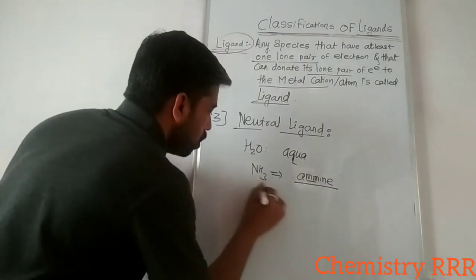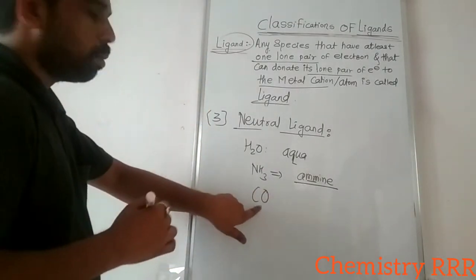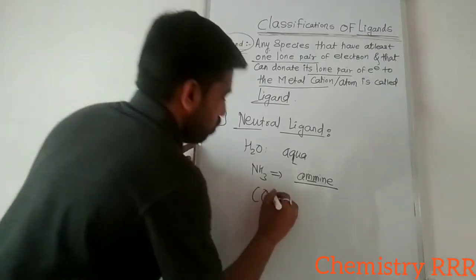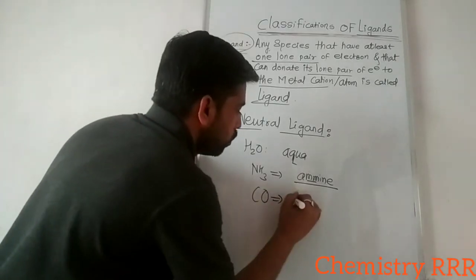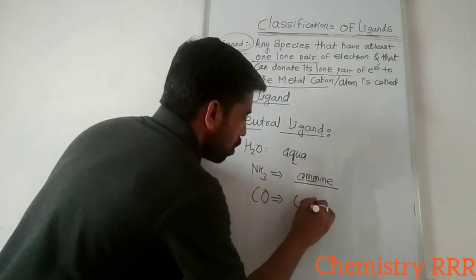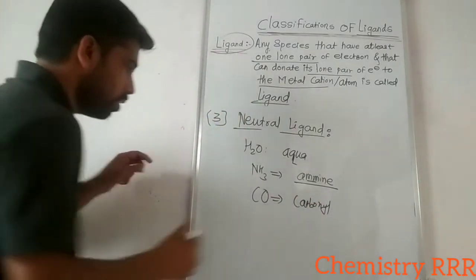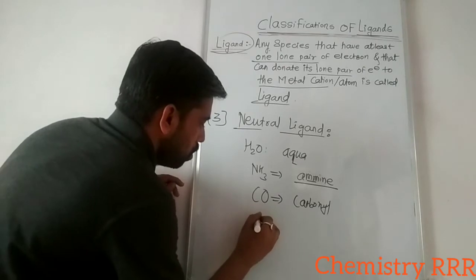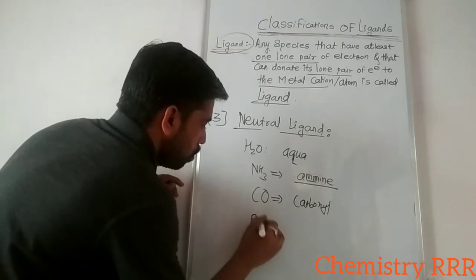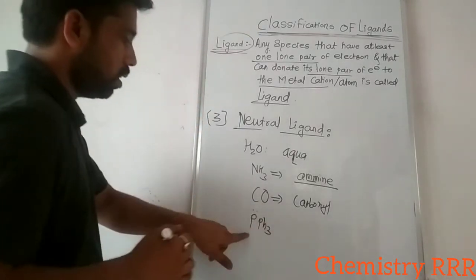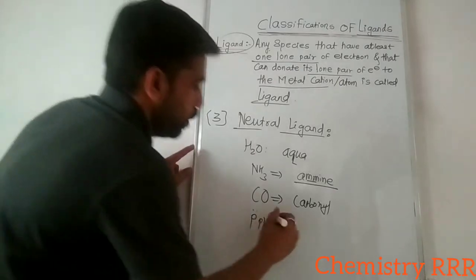Then this is carbon monoxide, but as a ligand it has the name carbonyl. Then PPh3, that is triphenylphosphine.